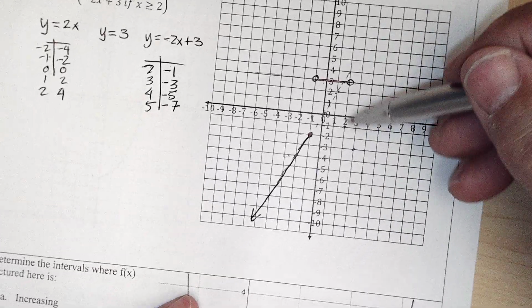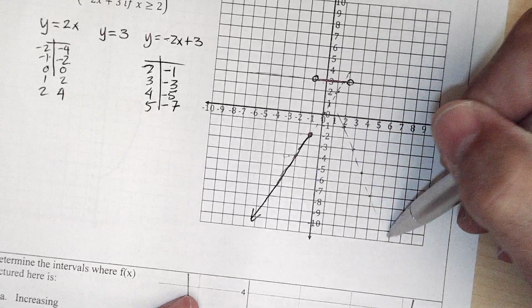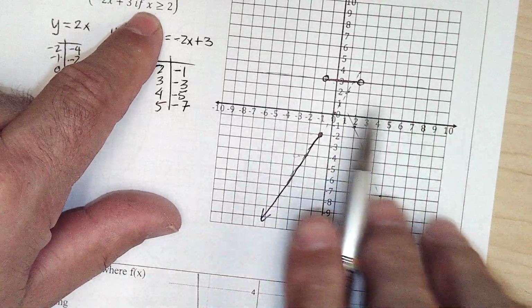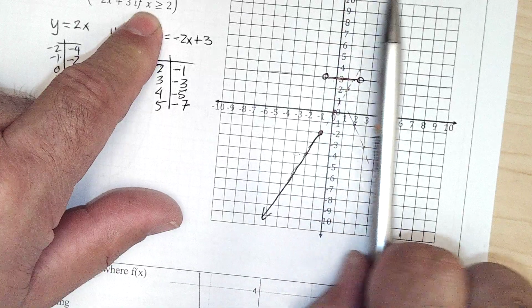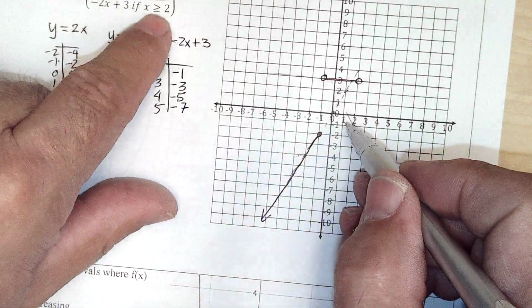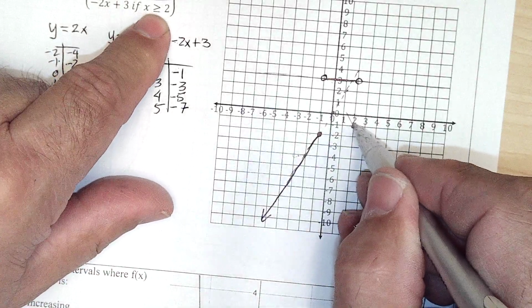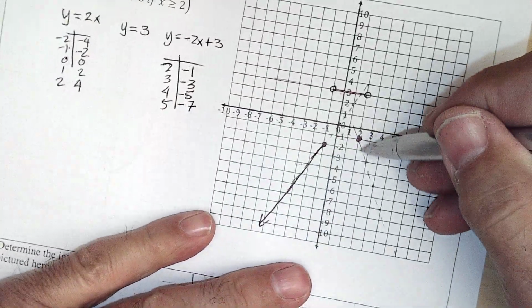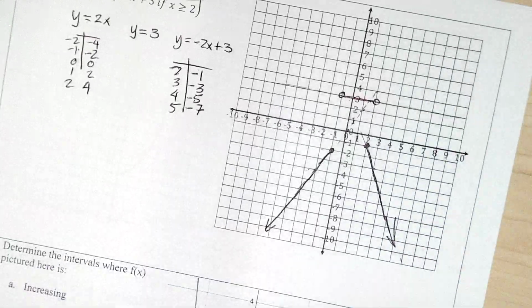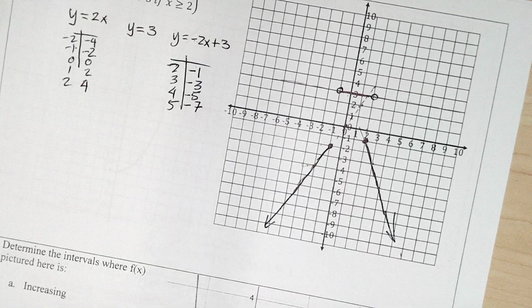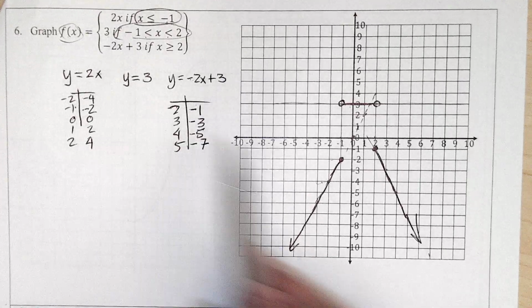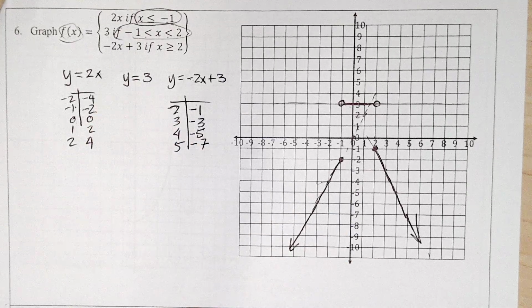So I've got a line that's going like this, but I can only use it from 2 in the x going this way, including the point at 2, which is -1, and everything beyond it. So that's the picture of this piecewise function.